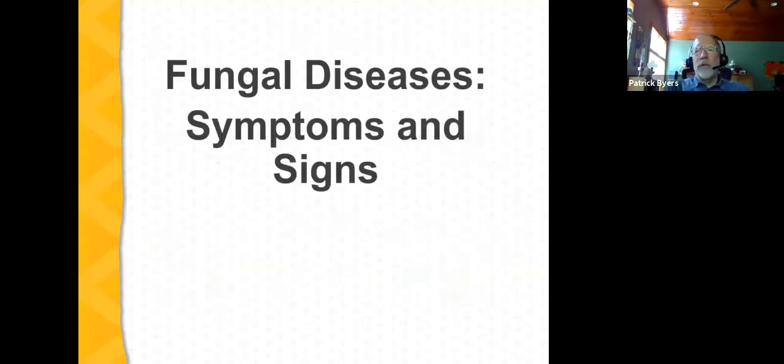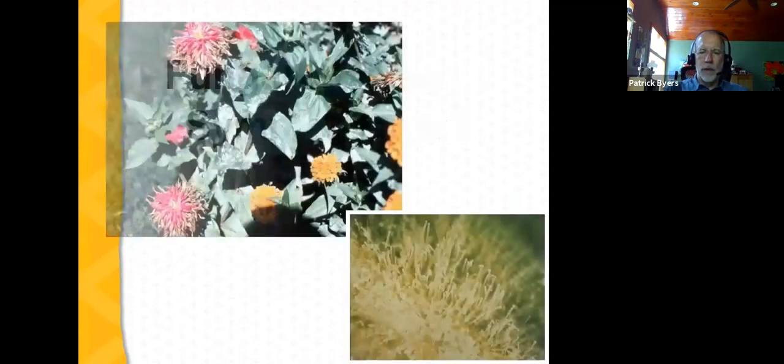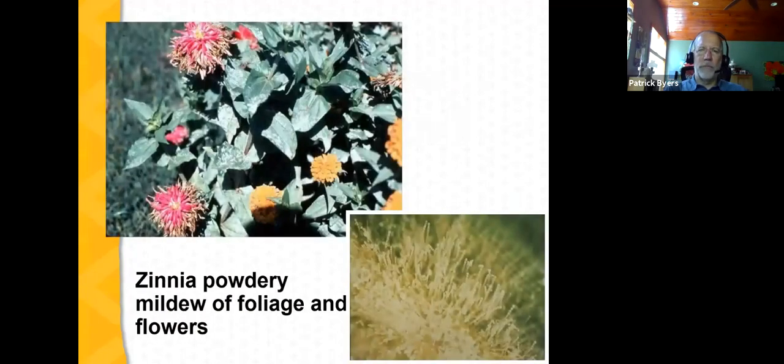So there are lots of ways the fungal diseases express themselves, lots of different symptoms and signs. And let's take a quick look at some of the different symptoms and signs that we might see on plants that are under attack by fungal pathogens. Here we have an example of mildews.